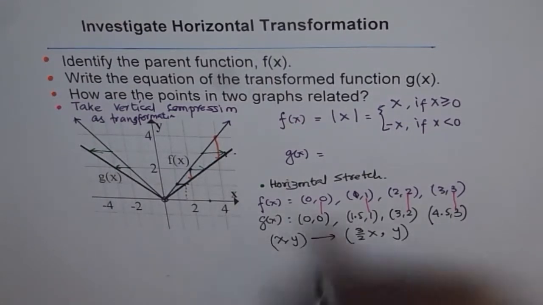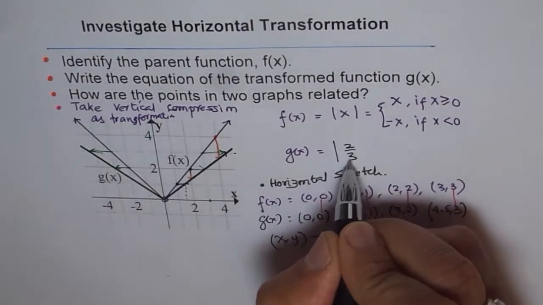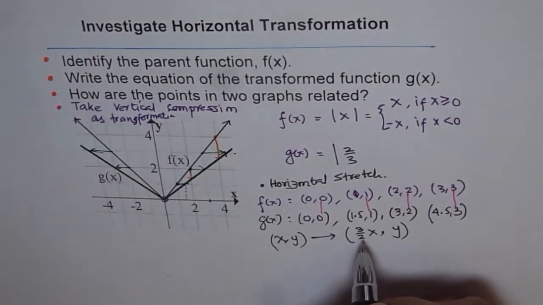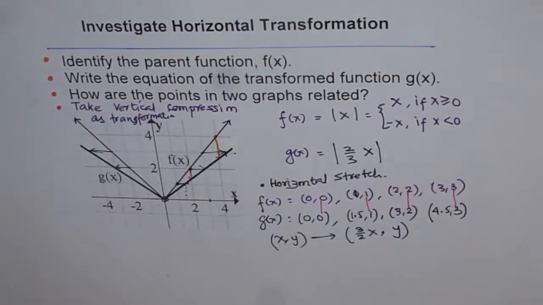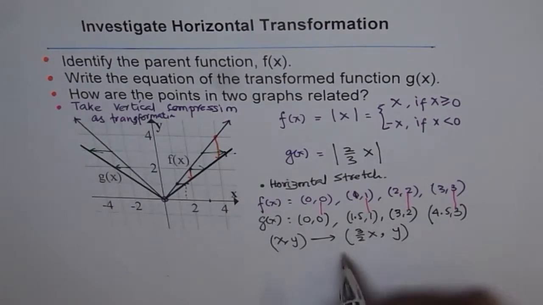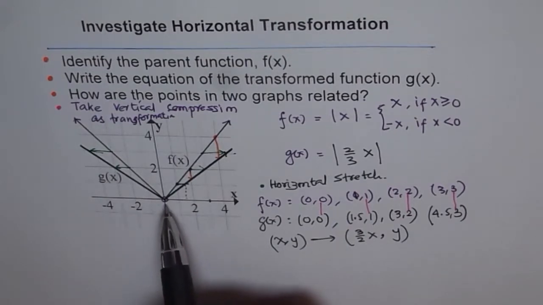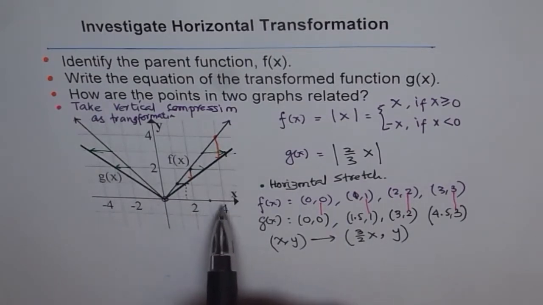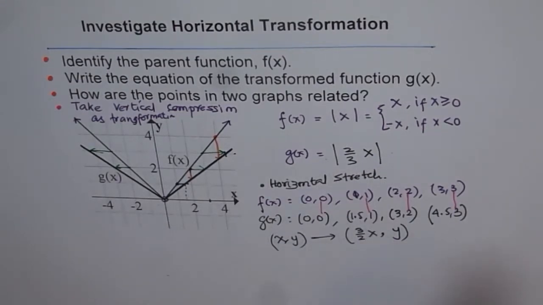And now we can write down our transformed function. So it is 2 over 3. You have to write the reverse of this, 1 over k, of x. So that becomes our transformed function g of x, right? That is how you can get the transformed function. Since the vertex remains, there is no translation left, right, or up and down, so all those things are 0.